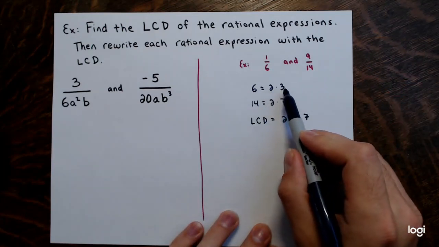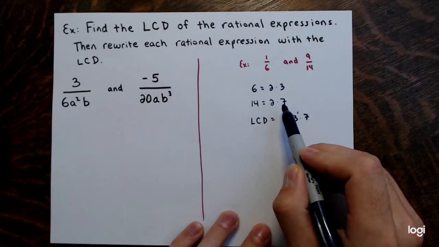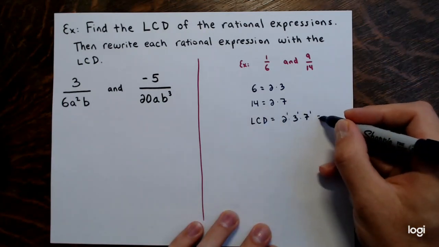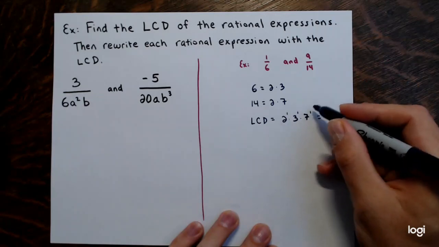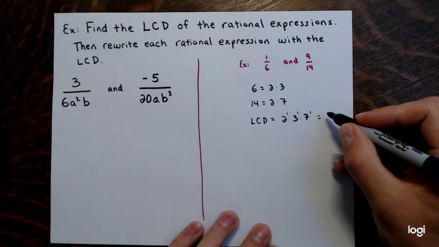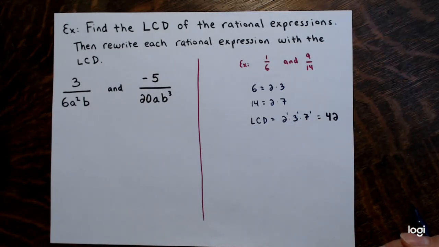There are 0 factors of 7 here, 1 factor of 7 here. The largest of 0 and 1 is 1. So it's 2 times 3 times 7. The least common denominator is 42. 2 times 3 is 6, 6 times 7 is 42. Great, and this is part 1.